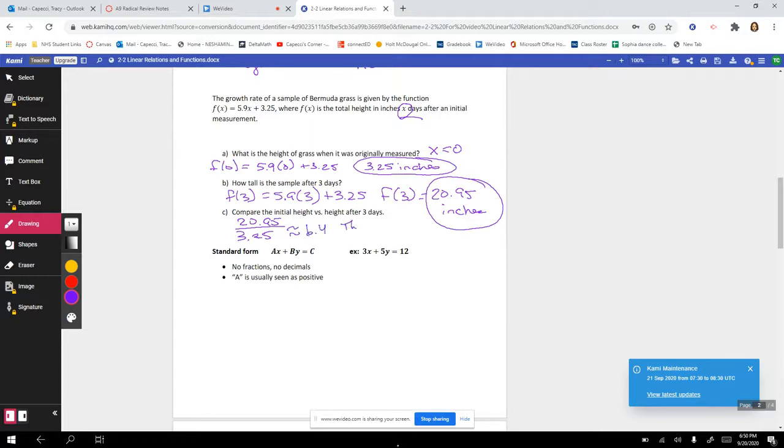So I can say the height after 3 days is about 6.4 times the initial height.